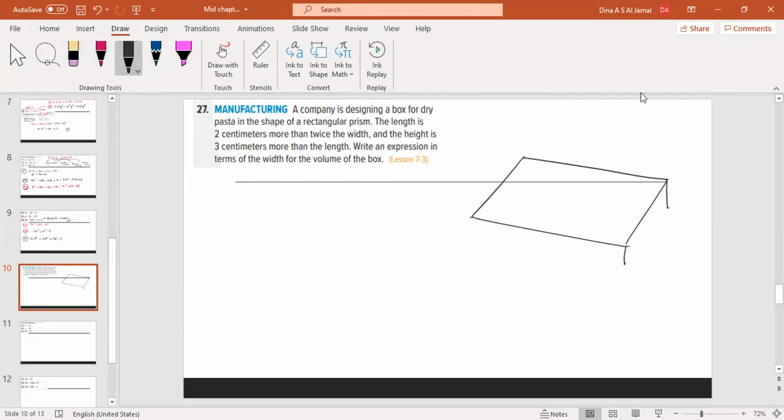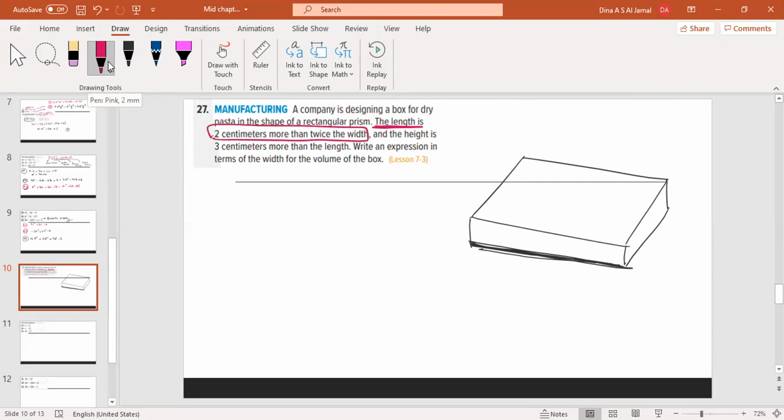It's a sketch, we call it. I'm really sorry for this drawing, but it's because of the pen. Okay, so that means your length will be 2 centimeters more than twice the width.